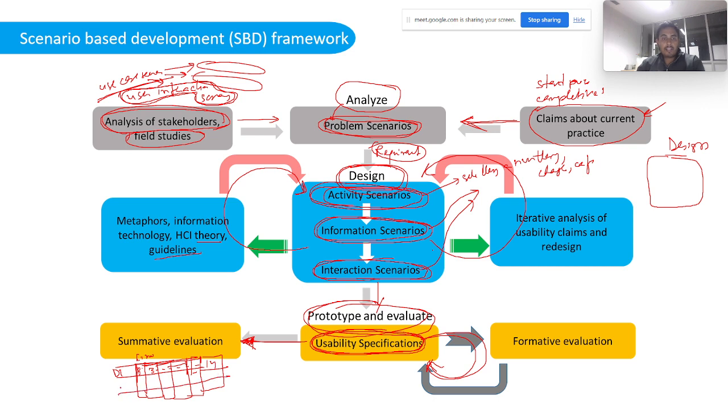Similarly, in the new design, design 2, if you can get a lower number, for example 2 seconds, 3 seconds like that, probably you will have a better system. This is how you do summative evaluation. It is basically aggregating all the features based on a certain scale you choose, and you choose the scale in such a way that the additive sum of those scores will help you determine the better design.